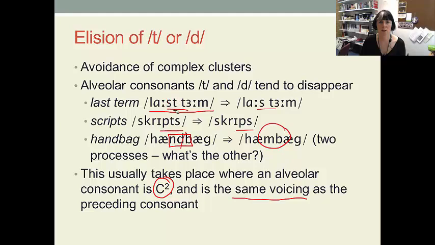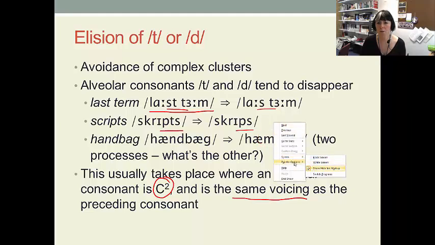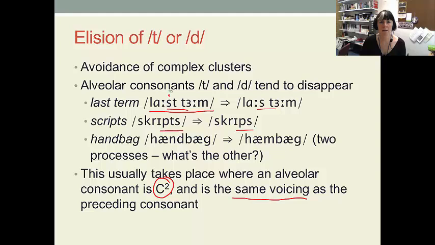So I'm going to just take this off here so that we can have a bit more of a look at what's going on. What we've got in last term is a group of 3 consonants. We've got an s, a t, and another t. The t sound is in the middle, so it's the second consonant here, 1, 2, 3, and it's preceded by a consonant which has the same voicing, so both of these are voiceless.